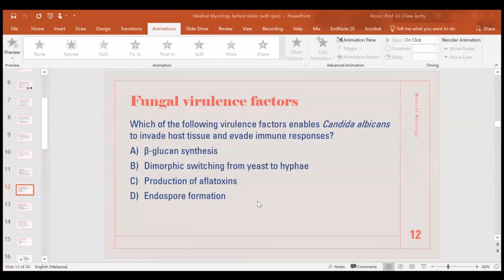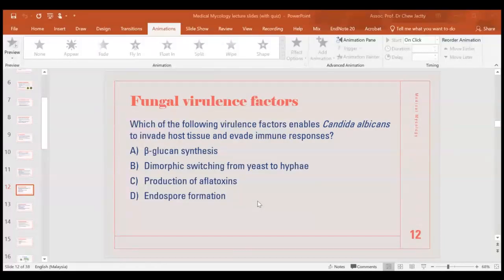Most of you picked B, one of you picked C. The dimorphic switching from yeast to hyphae, the yeast to mold, applies to Candida albicans. As I mentioned just now, the hyphae formation or the mold growth stage can help to invade the host tissue and invade other tissues, as we see in Candida albicans.